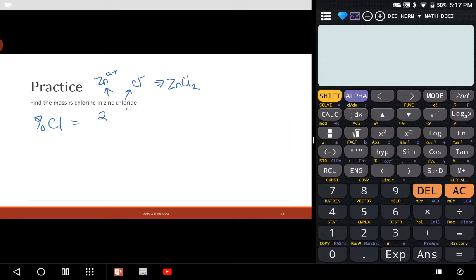And so we'll use the molar masses since we were not given any experimental values. 35.45 grams per mole. And then out of the total, which is 1 zinc, that's not what zinc is. Zinc is 65.39 grams per mole plus my 2 chlorines.